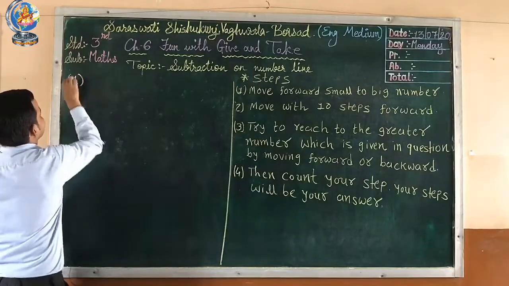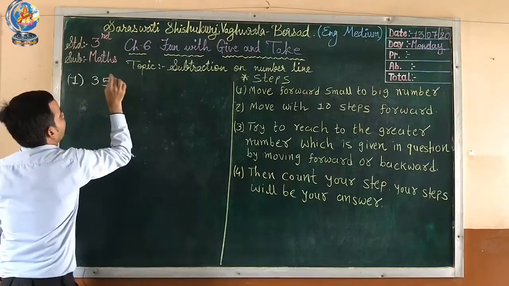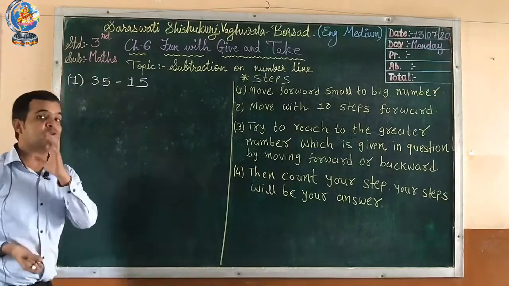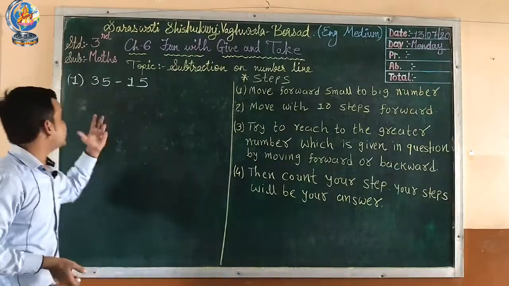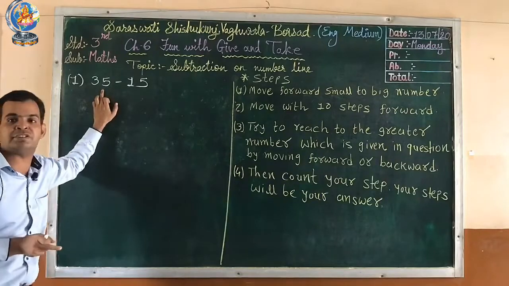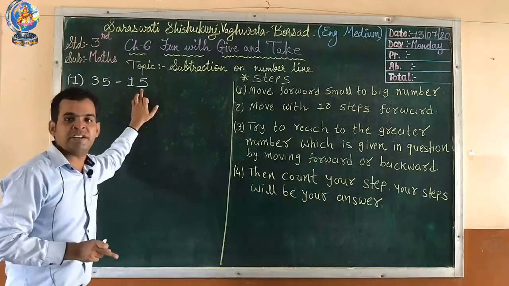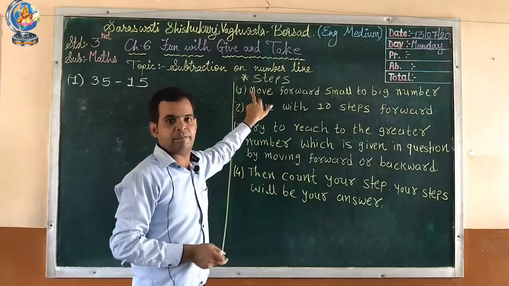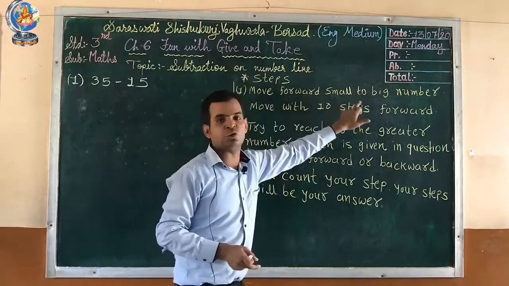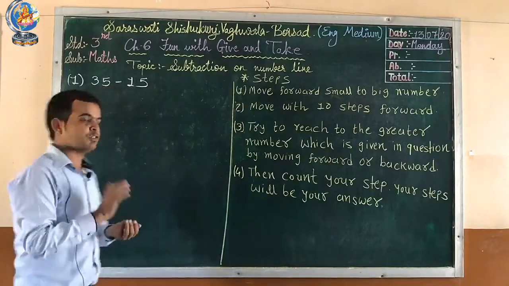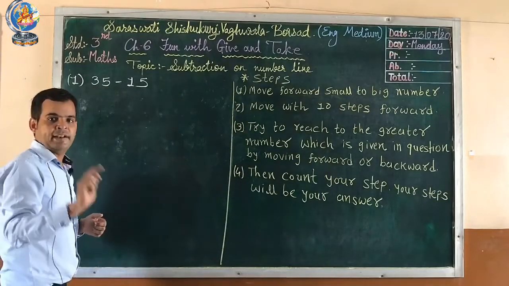The first sum is 35 minus 15. First you have to observe which is the greater number and which is the smaller number. Here 35 is the greater number and 15 is the smaller number. Now let's look at the steps. First step: move forward from small to big number. So first I will draw a number line.